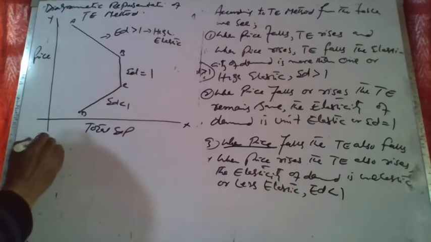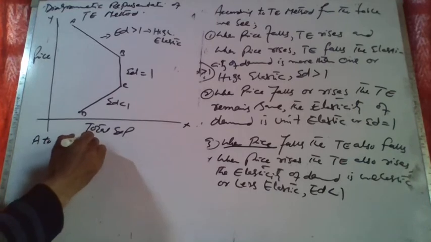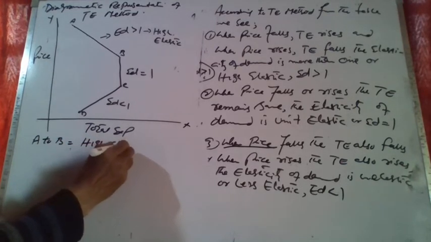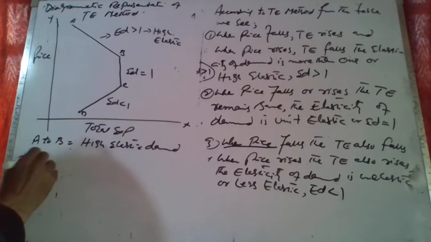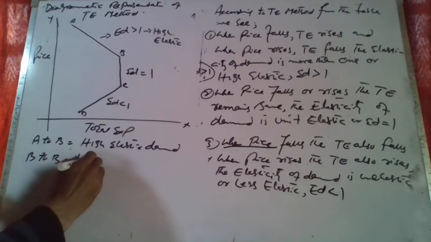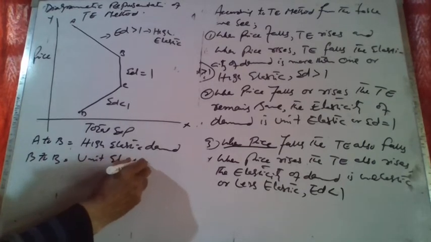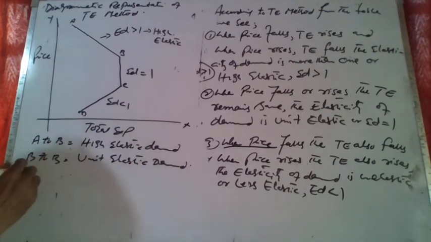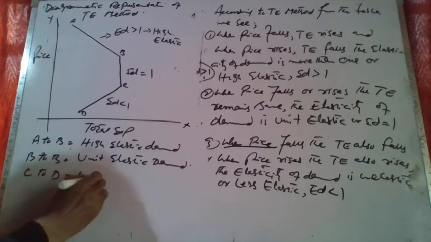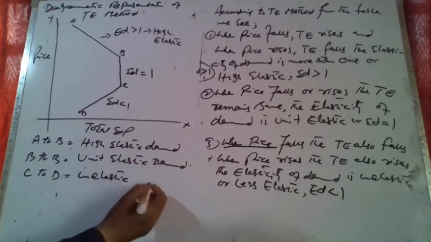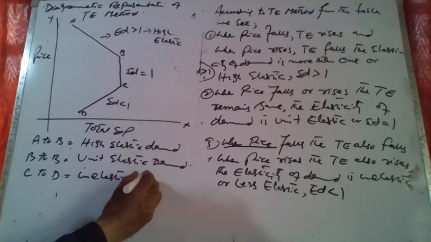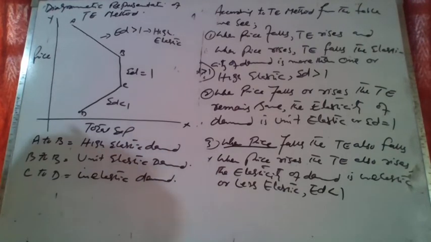So from A to B, it shows high elastic demand, from B to C, it shows unit elastic demand, and from C to D, we have inelastic demand. That is what we study here, how the total expenditure method explains different degrees of elasticity of demand.